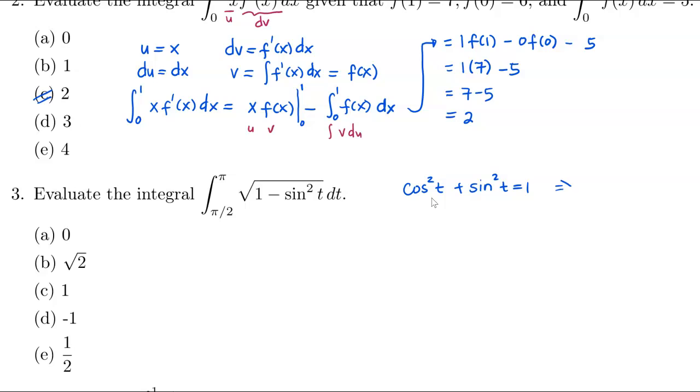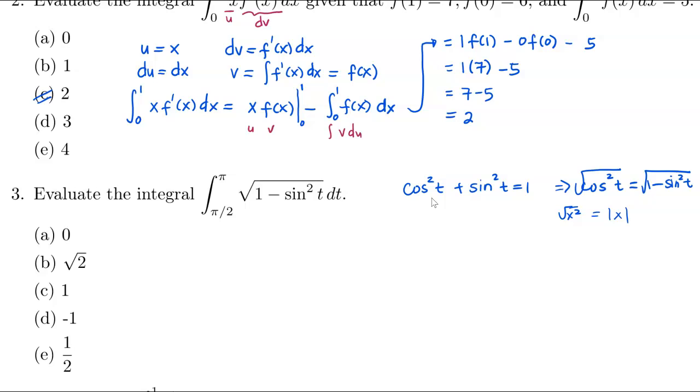So that means that cosine squared t is equal to 1 minus sine squared t. And then we have the square root, so we have the square root of cosine squared t. Now, you have to remember the definition for the square root of x squared. Whenever you see something like that, it is the absolute value of x.